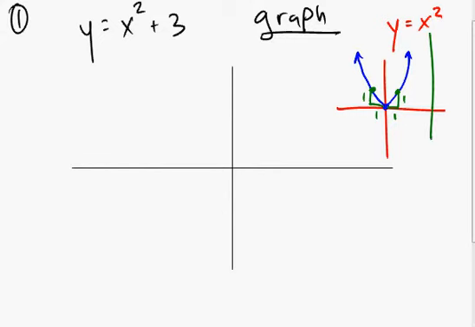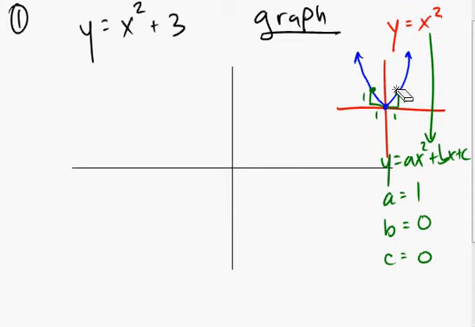This graph here is written in standard form. A is 1, B is 0, C is 0, right? So if you know this, then you look at your equation, you say, all right, this is also in standard form. A is 1, B is 0, C is 3.